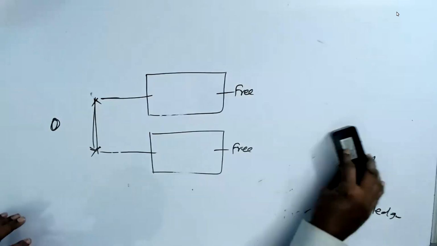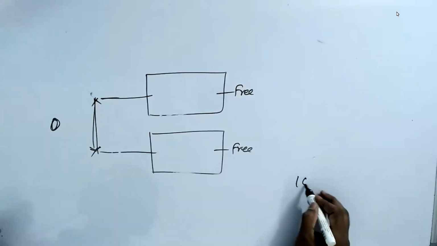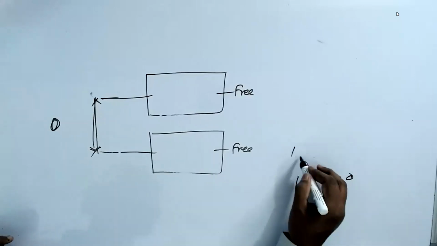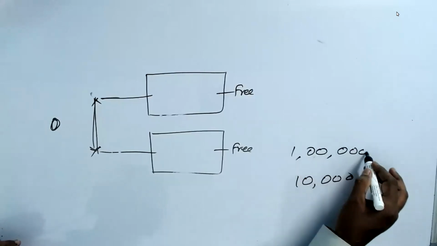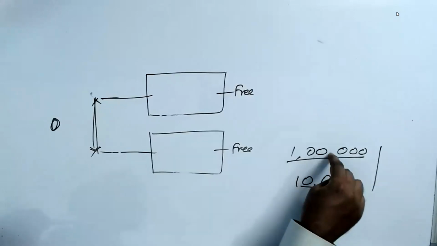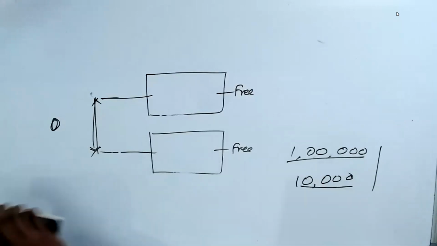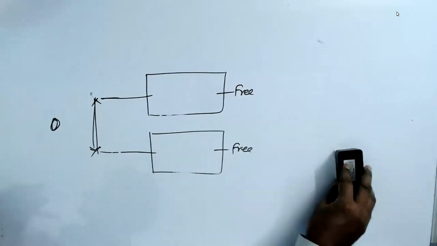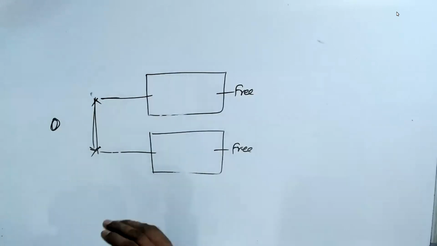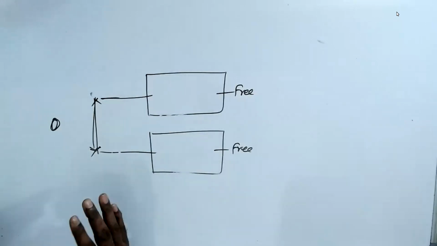So we use the English word potential to represent the differences between people. Somebody has 10,000 rupees. Somebody has 1 lakh rupees. This guy is more potential than this guy. He has the potential to buy a car, a bike. This guy does not have the potential to buy a bike. That's why we use the word potential. In electricity, the potential is about electrons.